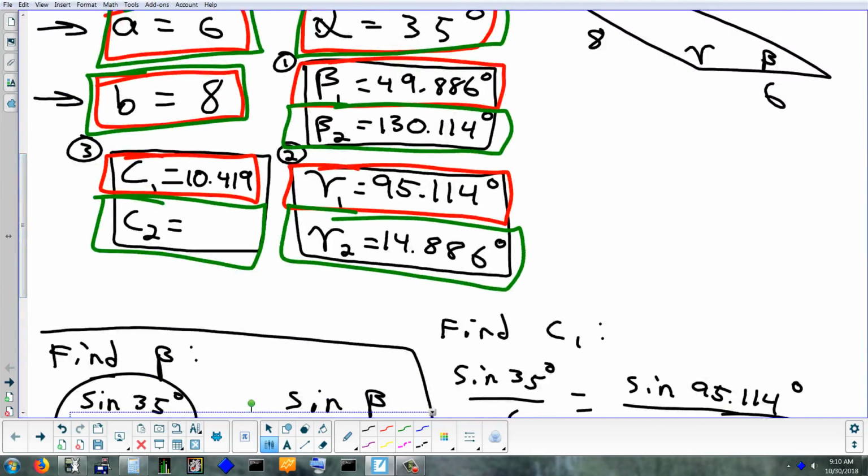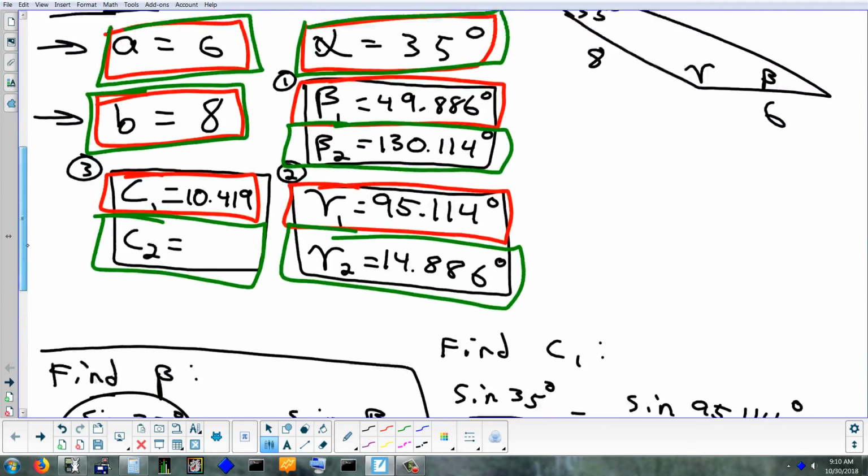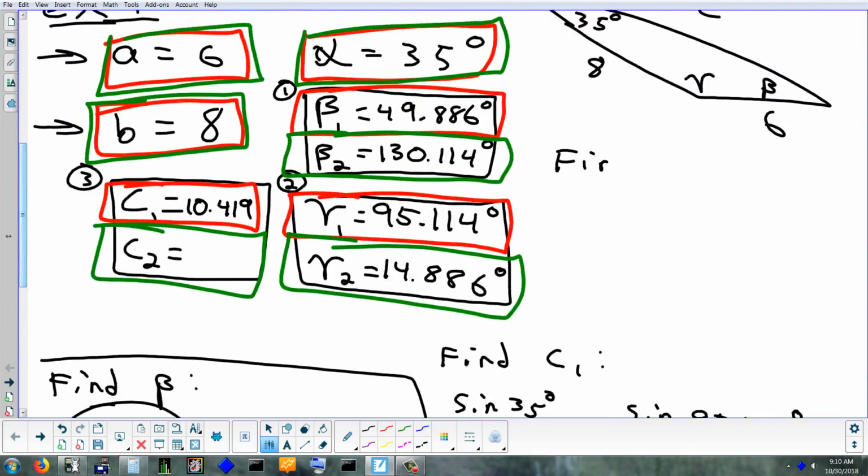Okay. So now, I got a little room up here. Let's do C2 up here. So now I'm focusing on the green triangle. So again, I see two rows that are complete. A and alpha, B and beta 2. I'm going to stick with A and alpha because those are my givens.